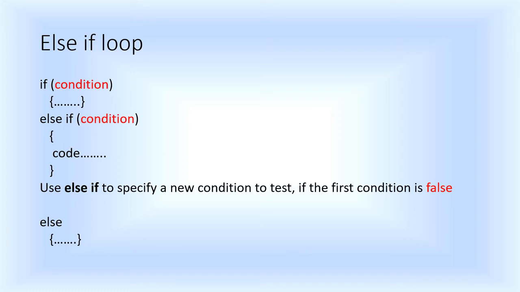If that condition is also false, then the else part will be checked by default. We use else if to specify a new condition to be tested if the first condition is false. If the first condition is false, then the next condition is automatically checked, and if that second condition is false, then the default else condition is executed.